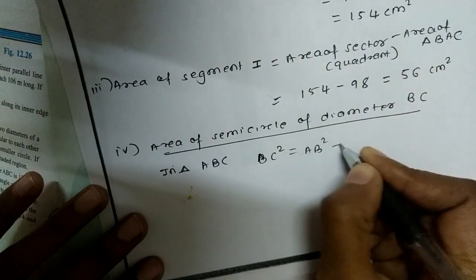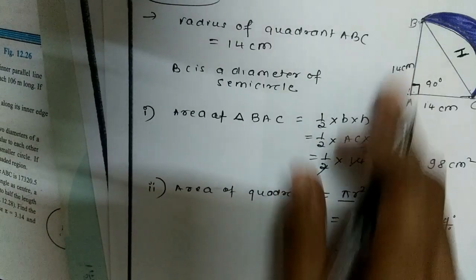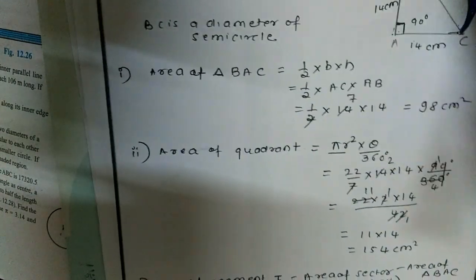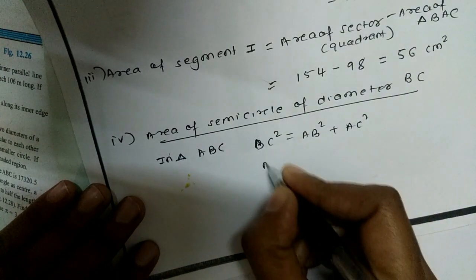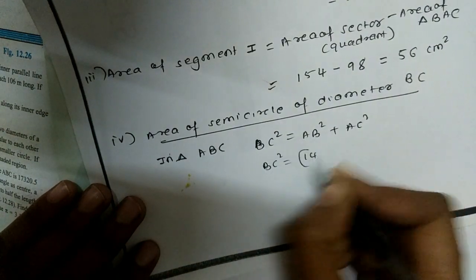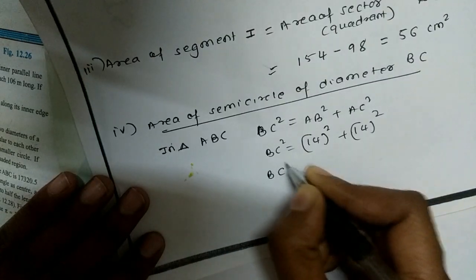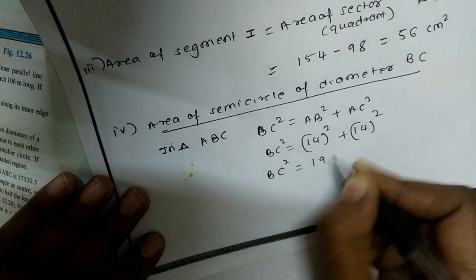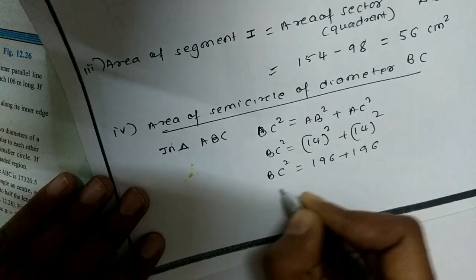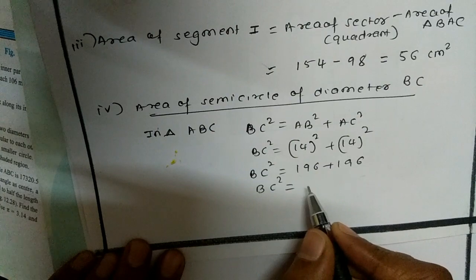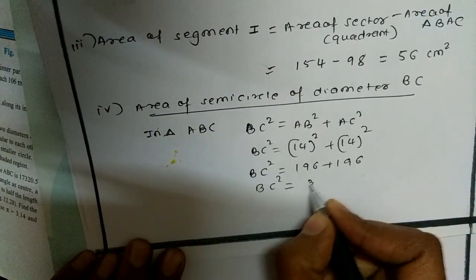AB and AC, you know, are 14 and 14. So BC square equals 14 square plus 14 square. 14 square is 196, plus 196, add them, you will get 392.